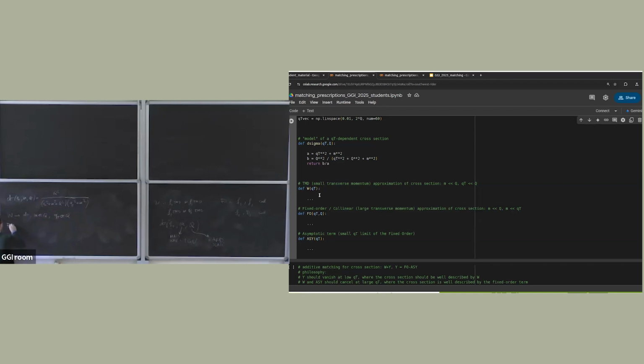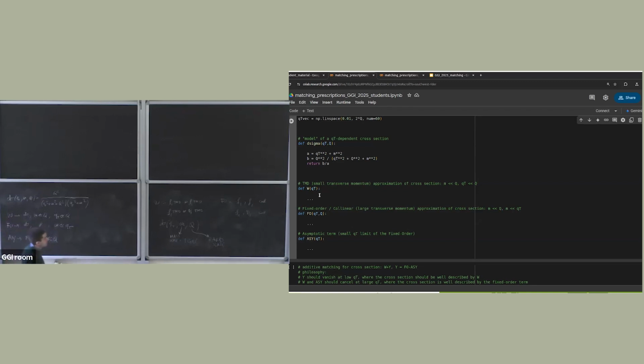The fixed order is the same thing with respect to M and Q, but you have Qt much larger than M. And the asymptotic is you take the fixed order and calculate the small Qt limit of it.